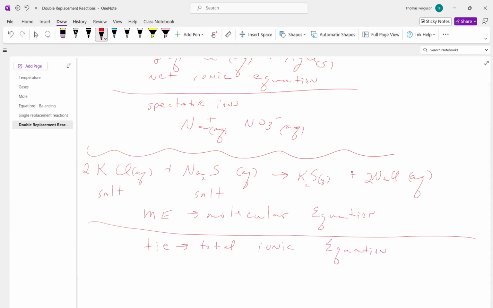Okay, so that means we're going to split up everything. Now notice it's all aqueous on both sides. Okay, when you look up on your solubility table, all those combos, the new combinations are white.